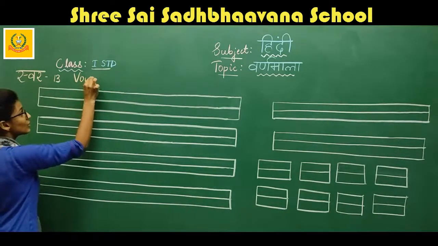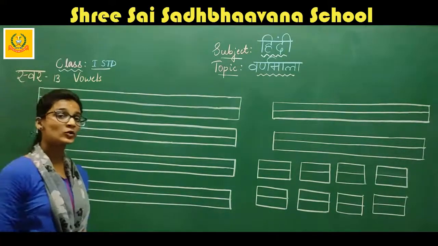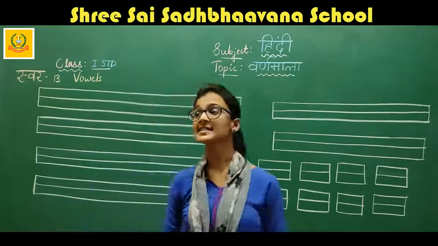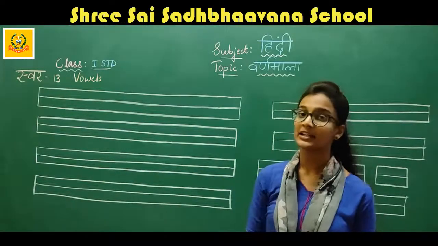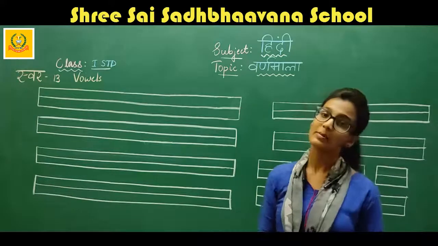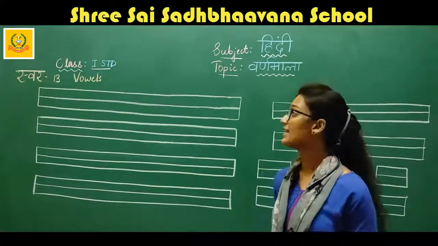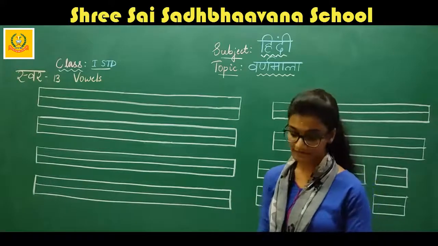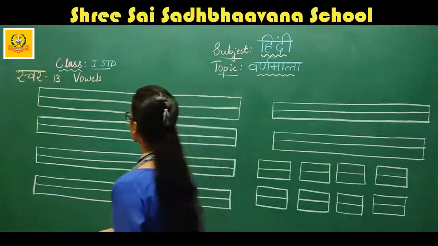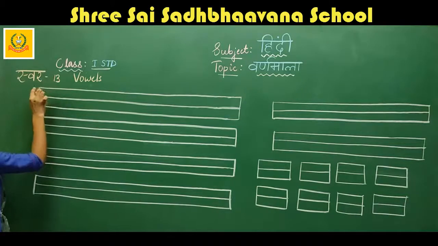They are also known as vowels in English. So, swar are those letters from A to Aha. They are 13 in number and they are also known as vowels. So, let us see which are those letters. Now, let us brush swar.